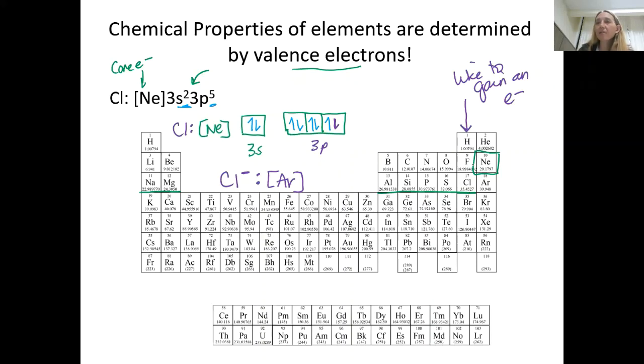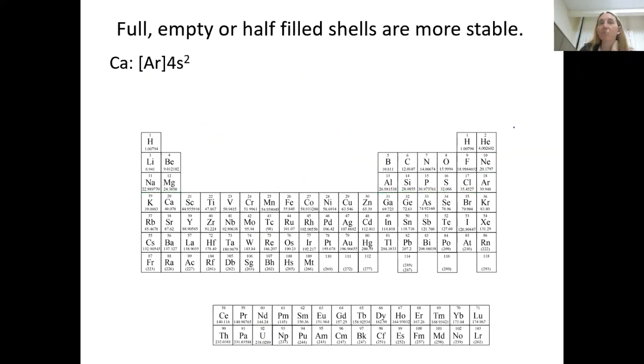Okay, so a lot of times these elements will try and fill their orbitals and get to this noble gas configuration. Okay, and the reason why is because if I have a full, an empty, or a half-filled shell, they're more stable. Okay, more stable means lower energy.